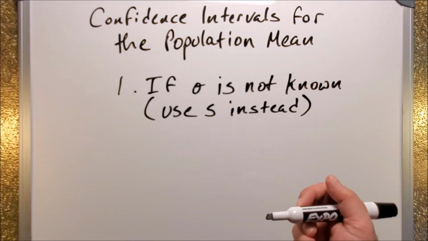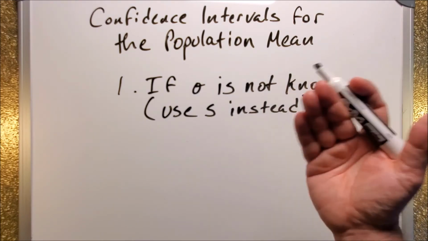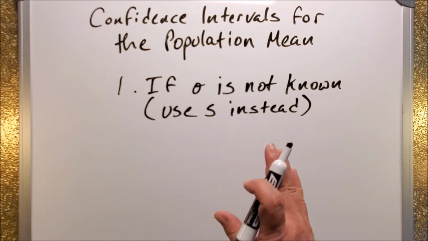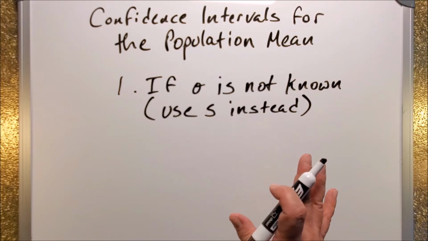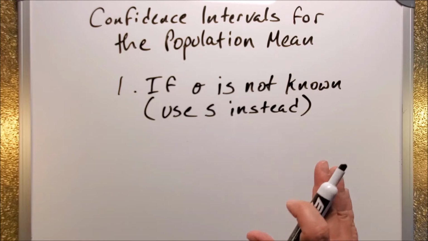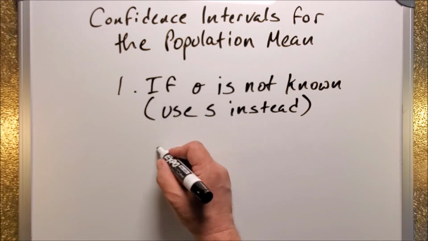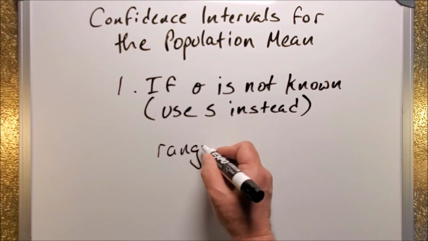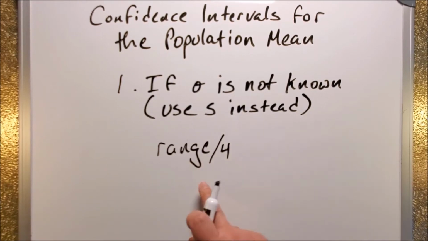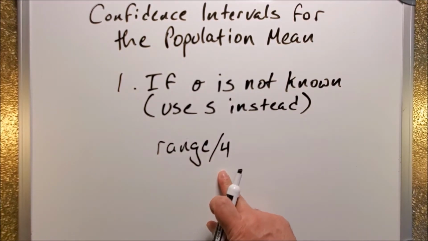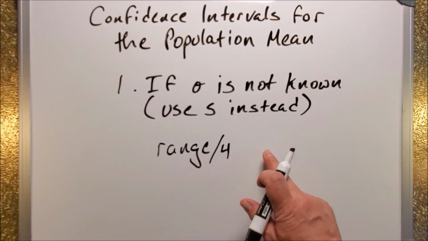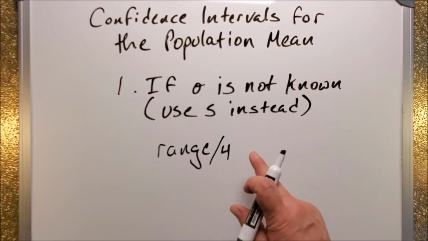I want to mention that there are schemes for estimating these things. For example, it's sometimes permissible when you're only after a super rough estimate to take your range and divide by 4, and you'll get a rough estimate of a standard deviation that you can use.